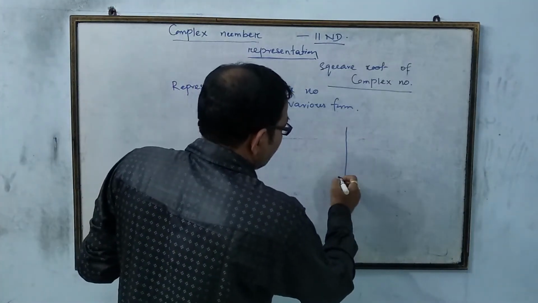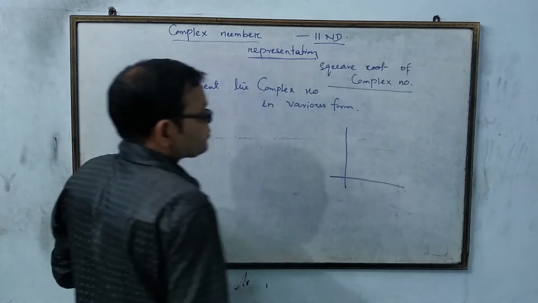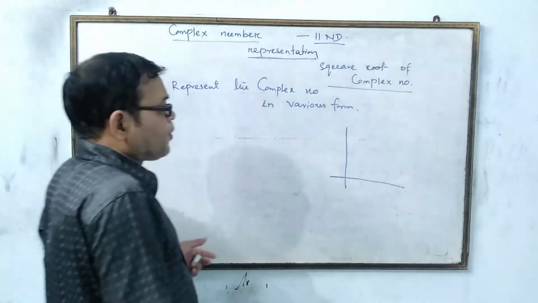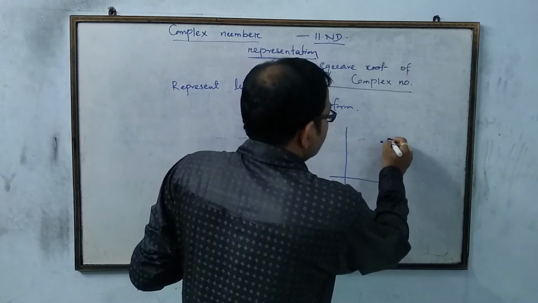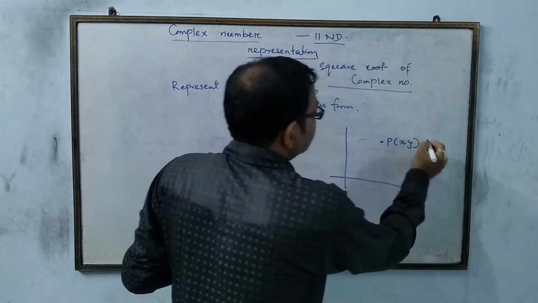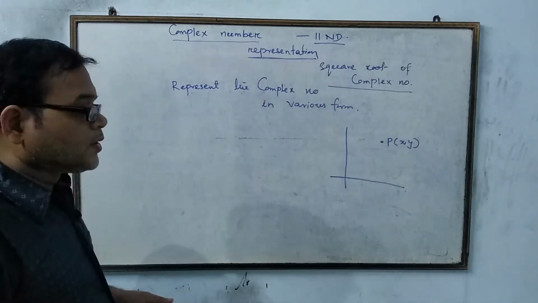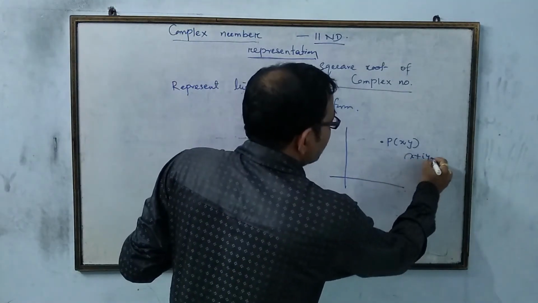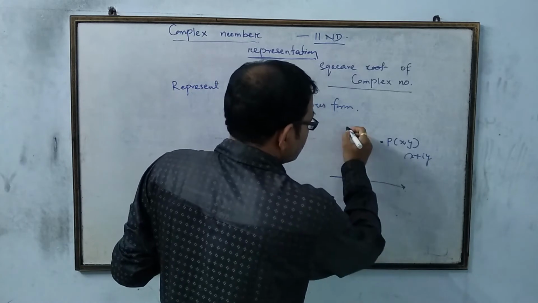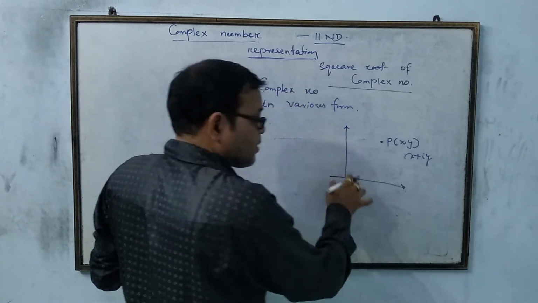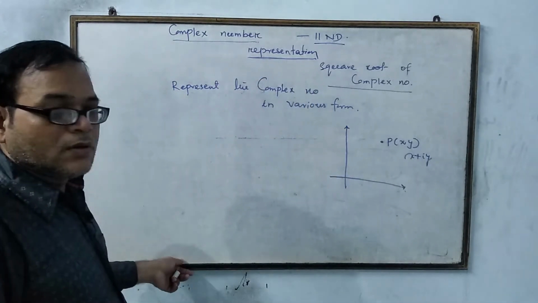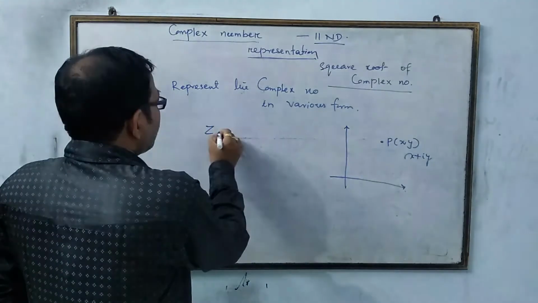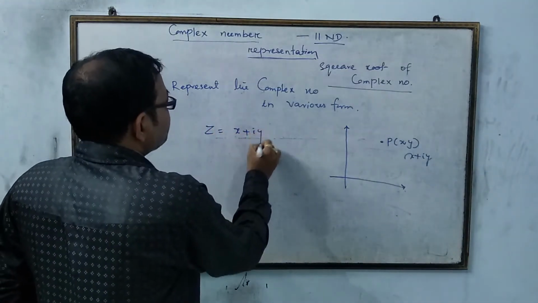You see how this is represented. Let us take a point P, x, y here. Then the complex notation is x plus iy. You should remember this is the real axis and this is the imaginary axis. z is equal to x plus iy.